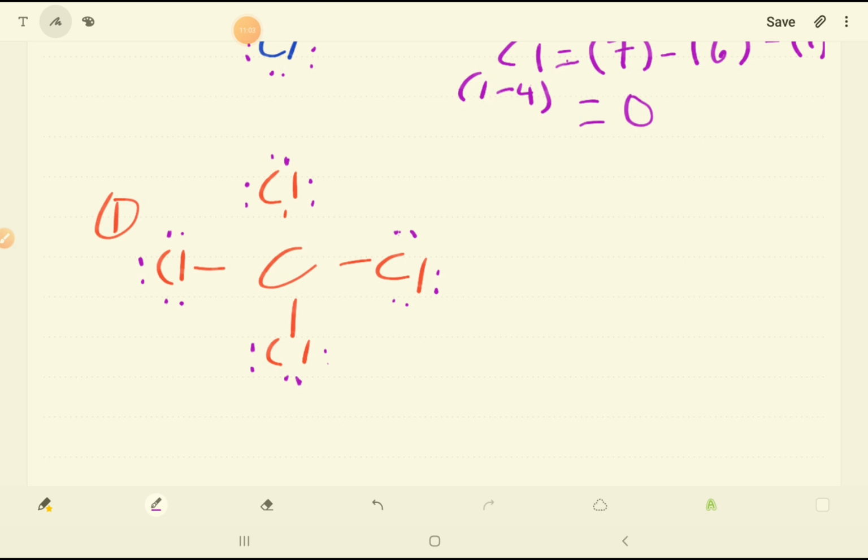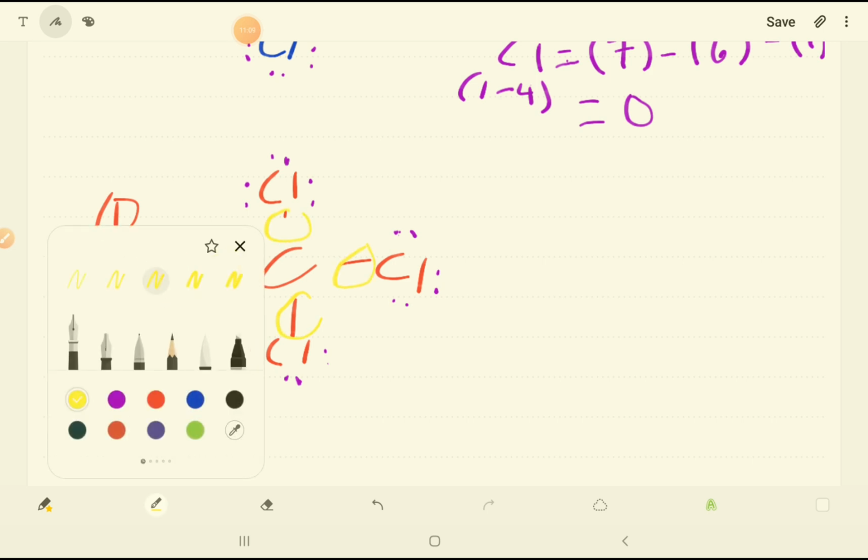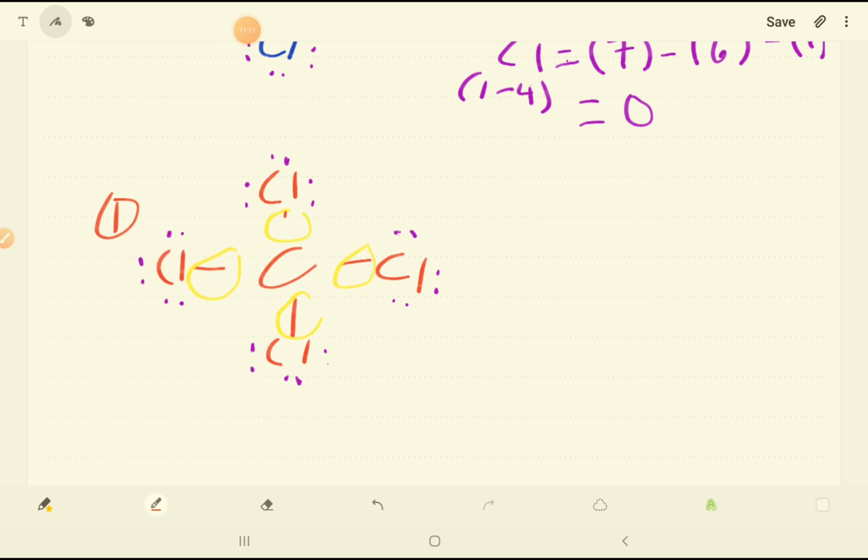So we see that the center atom in terms of bonds, we'll do this in yellow color, has 1, 2, 3, 4. So we're going to write here, and this would be step 2, this would be 4 bonds. And then lone pairs, carbon has none.